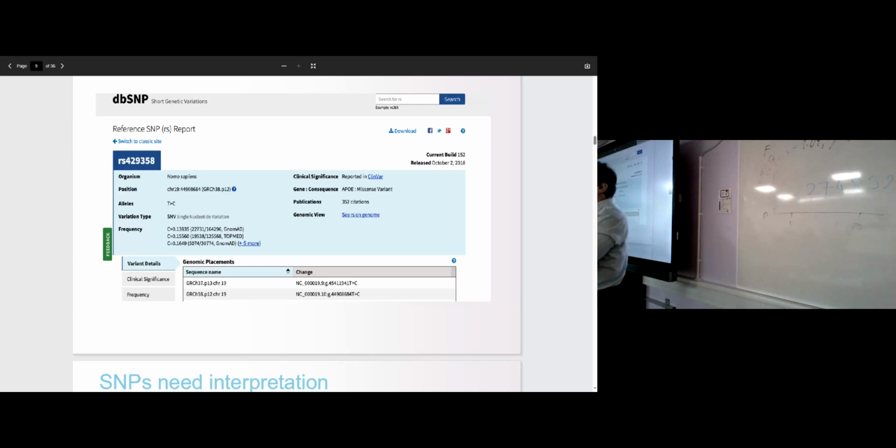Because you know that DNA is transcribed to RNA, RNA is then translated into a sequence of amino acids, and that sequence of amino acids is what then conditions the structure of the protein, and the structure of the protein gives the protein its function.